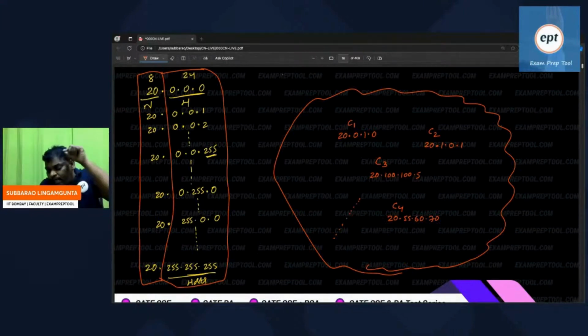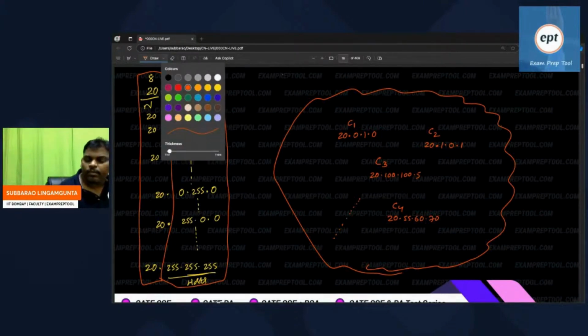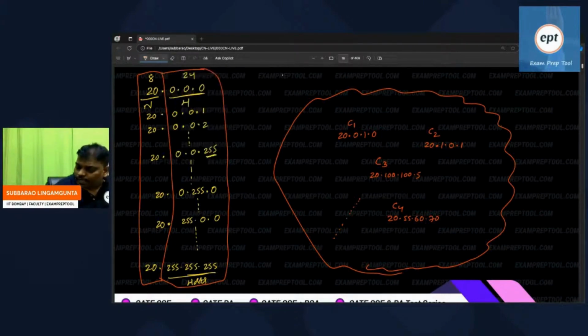When you say it is a network, every network also requires an IP address. Sir, what is the IP of this total network? Remember everyone, whenever you say it is a network, this network should also have an IP address. Sir, what is that IP address?